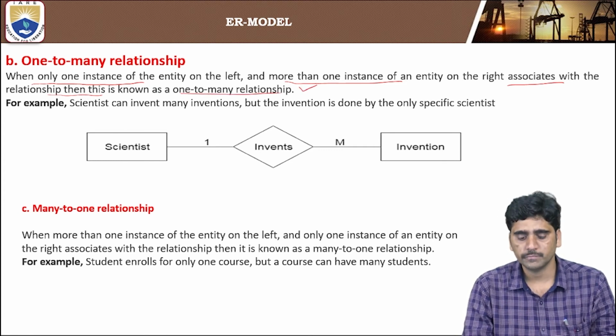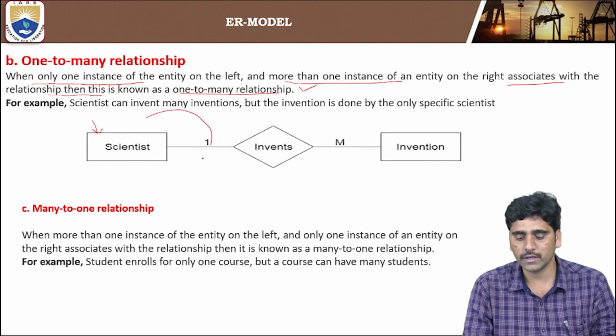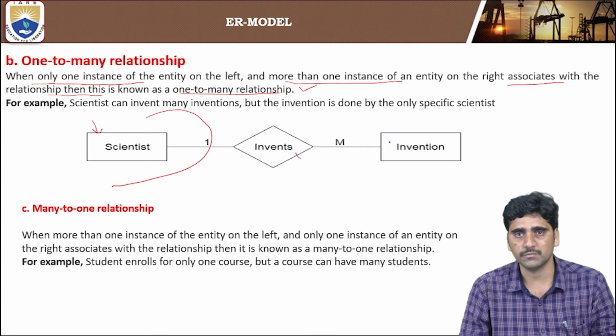So for example, one person, a scientist, is one person from the left side, and he can invent more than one invention, more than one project, or more than one product. A scientist can invent more than one process or more than one product. You can say anything. He invents more things, more projects, more developments or more inventions.